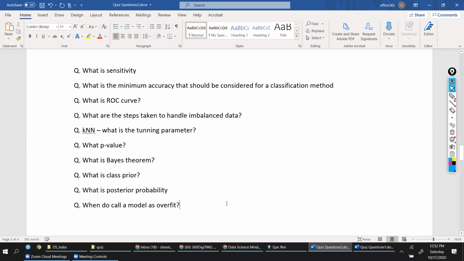Overfit is a condition when you get training error very less compared to test error. That means the model predicts the training data very well, but when we use new data, that is test data, the accuracy is very low. High error is coming up.